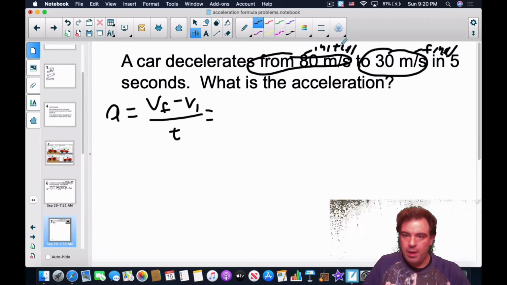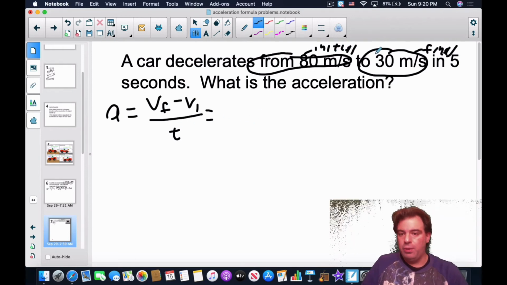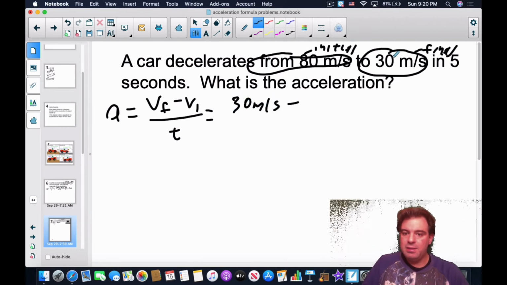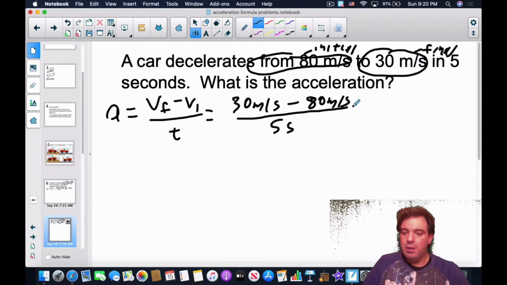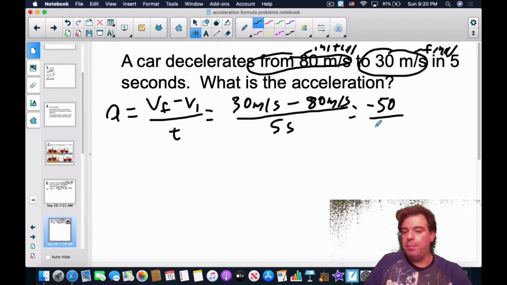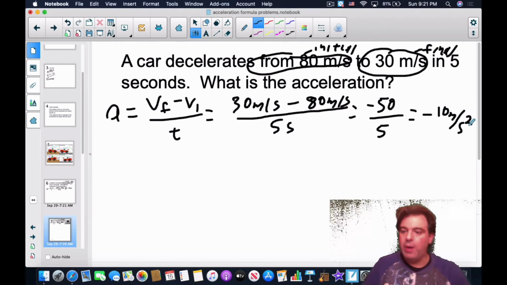So velocity final is 30 meters per second minus initial, which is 80 meters per second, divided by the time, which in this case is 5 seconds. So 30 minus 80 is negative 50 meters per second, divided by 5 seconds. Negative 50 divided by 5 makes our acceleration negative 10 meters per second squared.